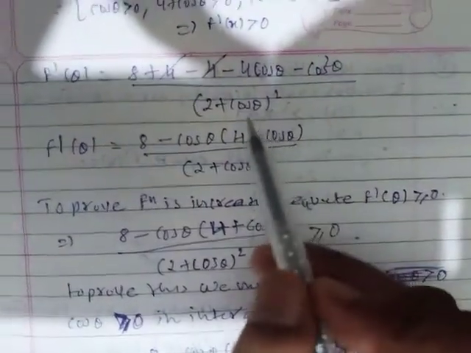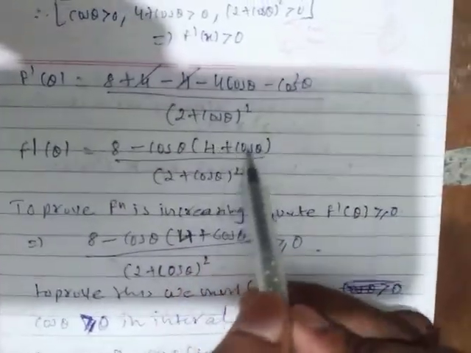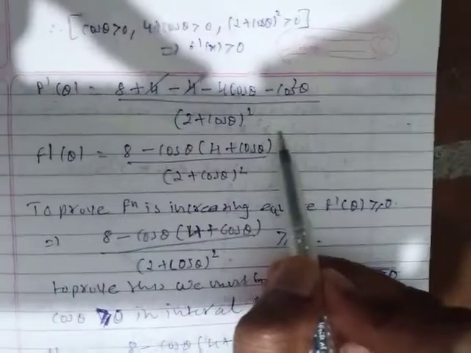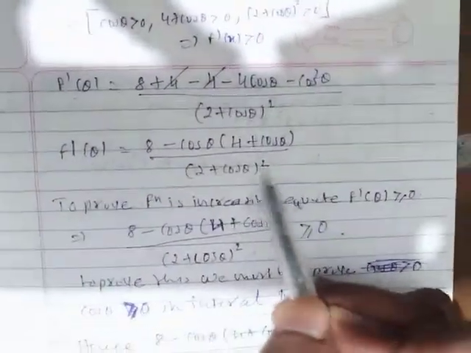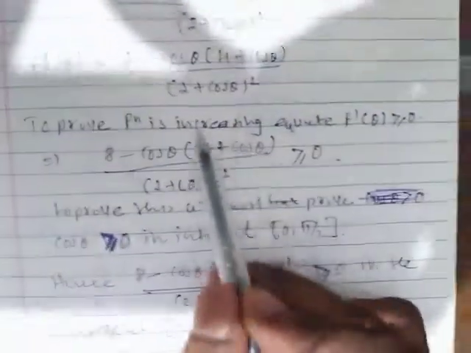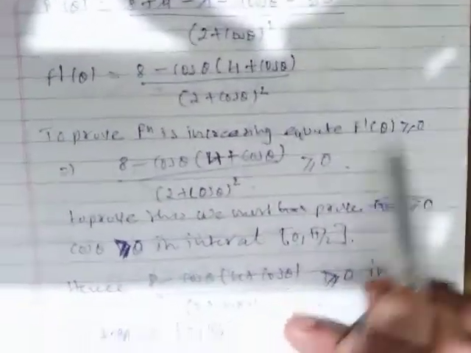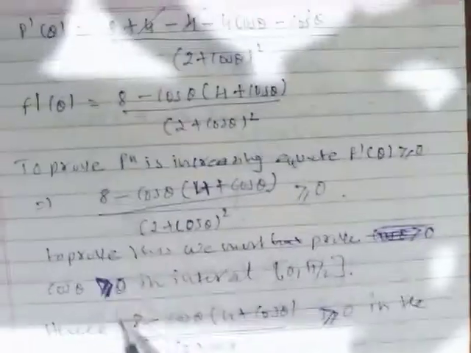In this function, if you see, 4 plus cos theta is always greater than 0, and 2 plus cos theta whole square is also greater than 0. To prove that the function is increasing, we equate f dash of theta greater than or equal to 0. This we know is always greater than 0.